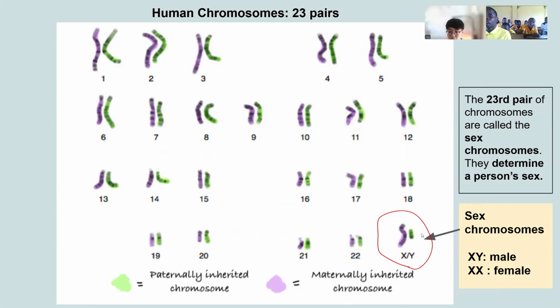So let's look at this last pair, this 23rd pair right here. This pair is called the sex chromosomes. They determine a person's sex. So XY, like seen here, will be a male. But if this is an XX, then the person will be female. Here, the green part all comes from your dad, from the male.